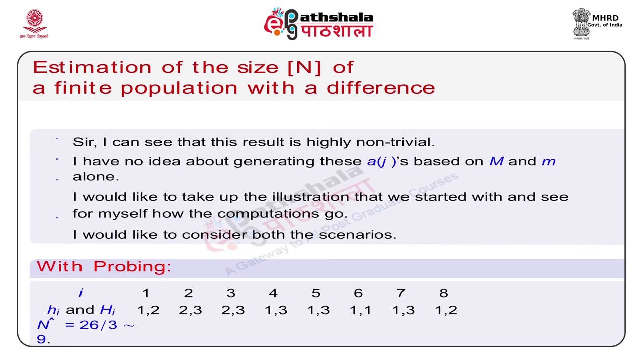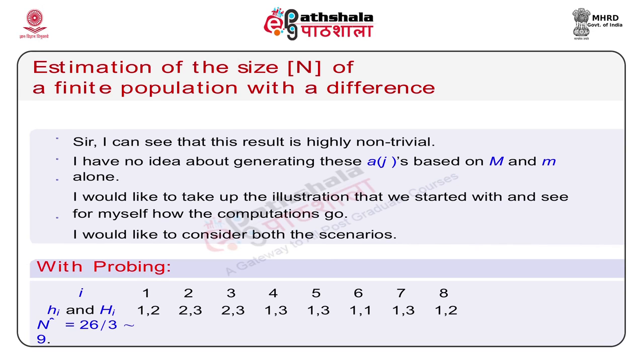Yeah, let us try to understand this data. Since you mentioned you want to take up both the scenarios, this is the case with probing. The idea is that the unit, the individual among the ultimate population units who has been labeled as 1, was found in only one of the 3 sampled rehab centers.